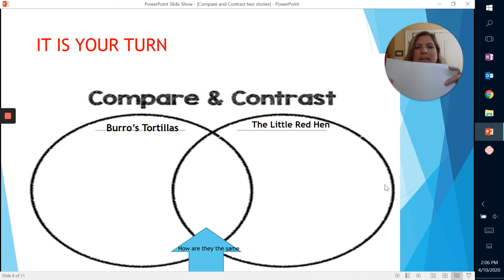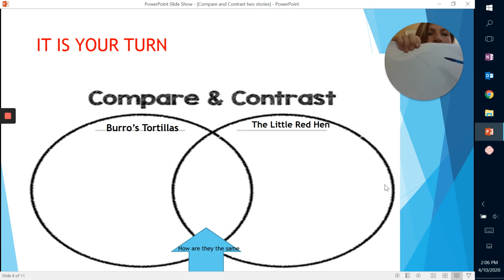I'll show you, it's not got to be perfect, okay? Ms. Proctor's not asking you to make it perfect. I just want you to make sure that you can compare and contrast your two. See, I've got a little bump on my circle, but that's okay.